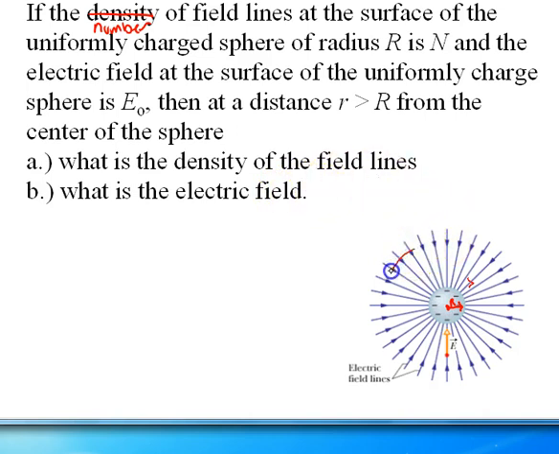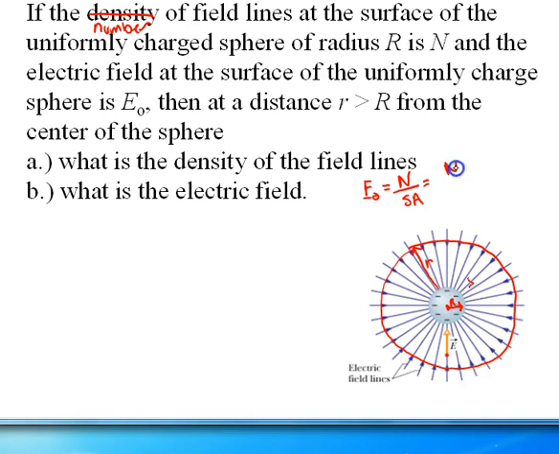So if we take a sphere concentric with our sphere, and we let that sphere have a radius capital R, then we know that E naught, the electric field at the surface of the sphere, is proportional to the density of the field lines. So that's proportional to the number of field lines divided by the surface area of the sphere.